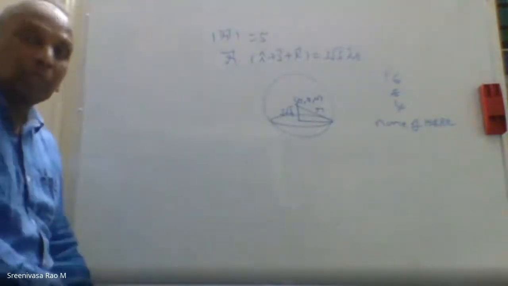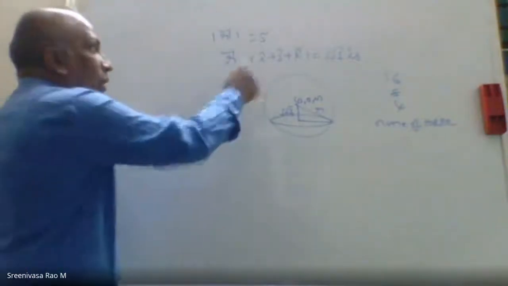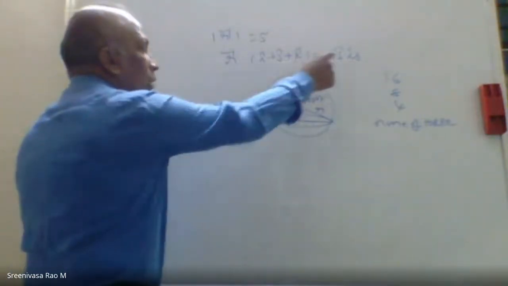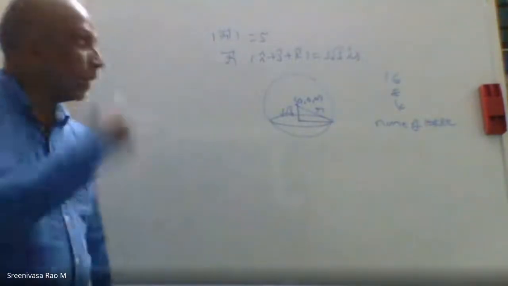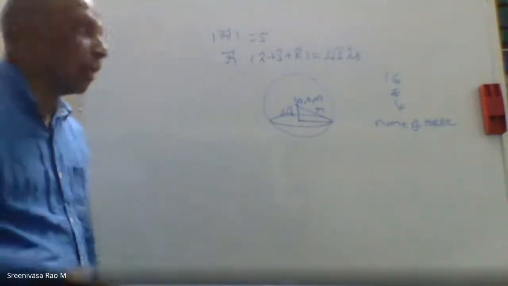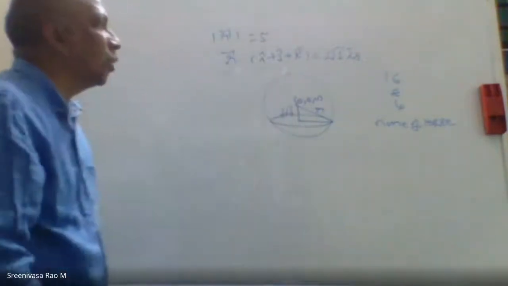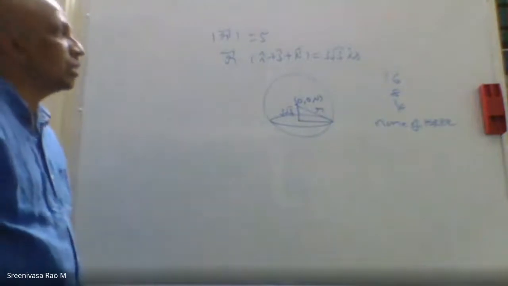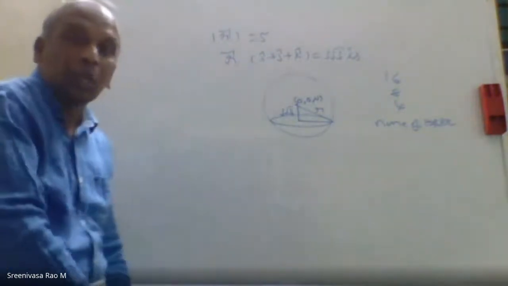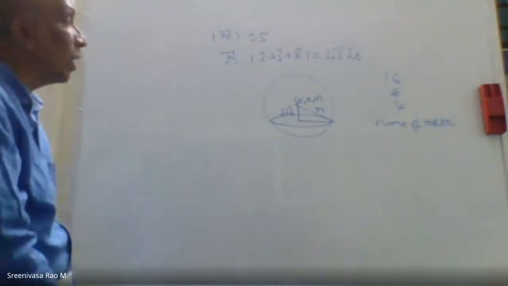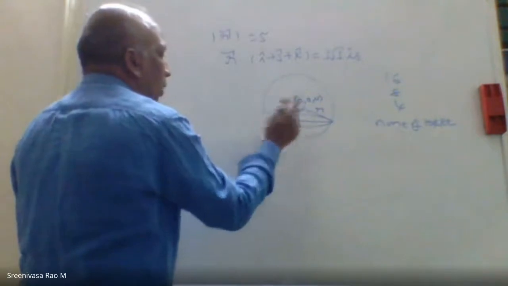Even if you write the vector form, you will get the plane equation x plus y plus z is equal to 3 root 3. But because this is not a unit vector, if it were a unit vector it would be 1 by root 3, 1 by root 3, 1 by root 3. So the distance from the origin will come out as 3.